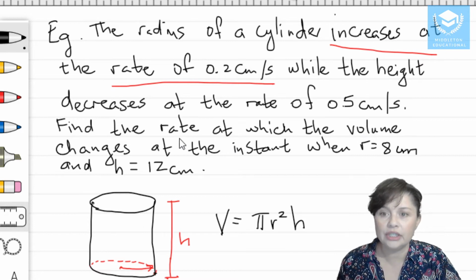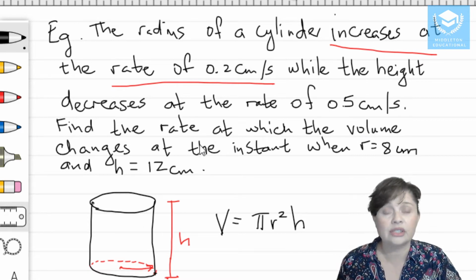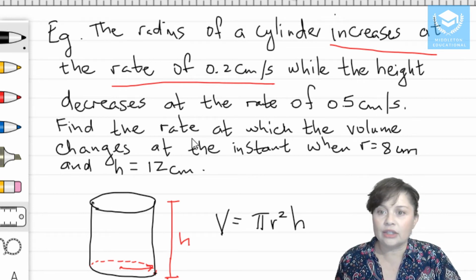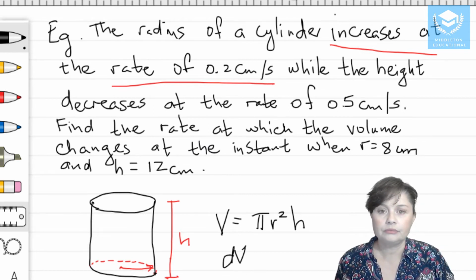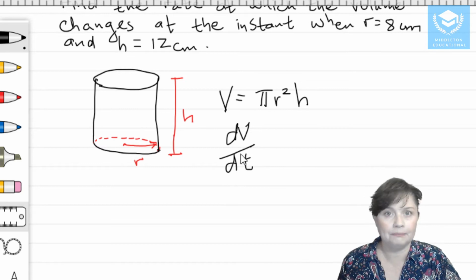So whenever you see rate of change or rate at which something changes, it means you're looking at a derivative. And you are looking at the rate of change over time, which means you want the rate of change of volume with respect to time. Which means that time in this case is your independent variable.